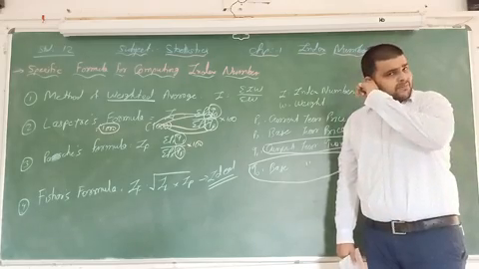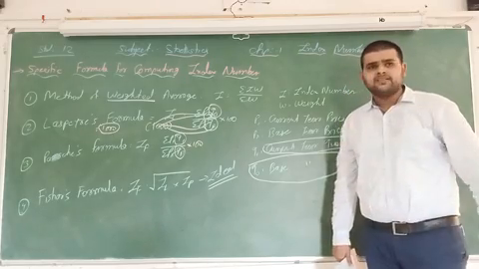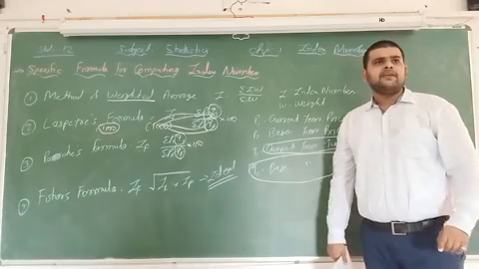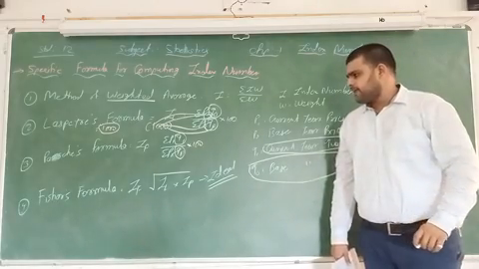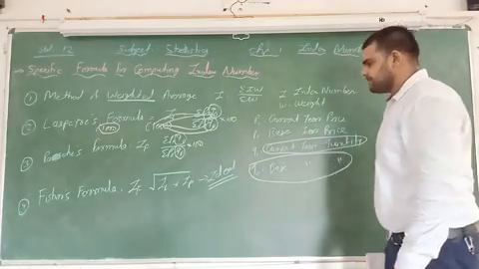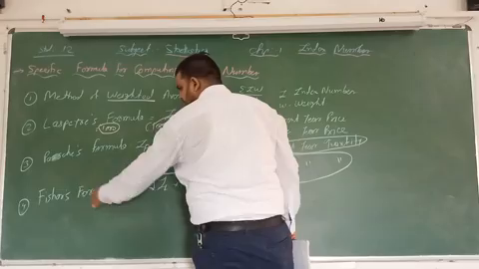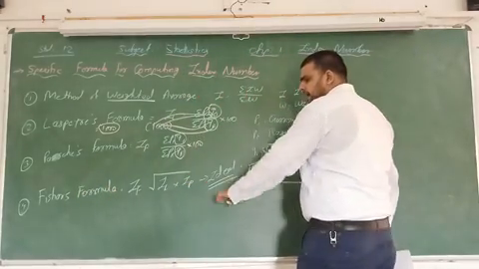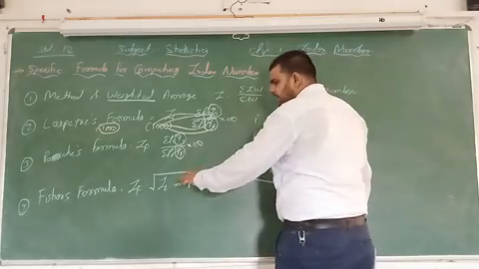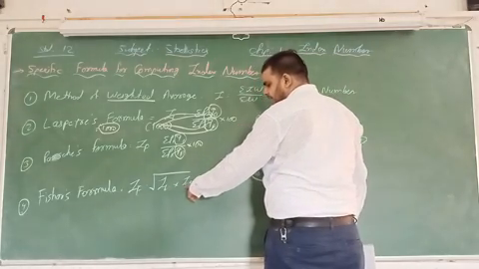But the last and most important formula is Fisher's formula, that means Fisher's index number. Here the formula is IF is equal to, I stands for index number, F for Fisher's, under root IL into IP.